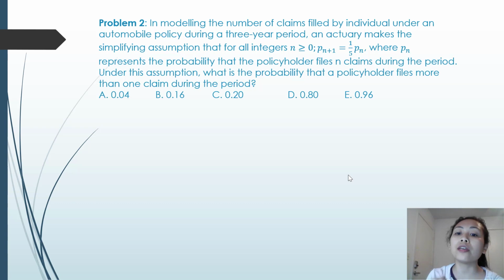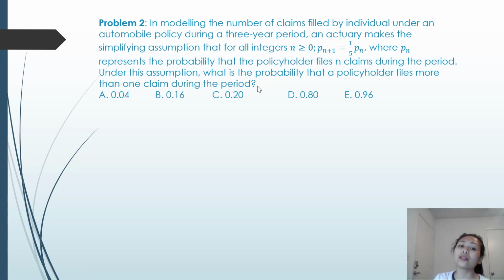For example, p0 means no claim, p1 means 1 claim, p10 means 10 claims. Under this assumption, what is the probability that a policyholder files more than 1 claim during the period?